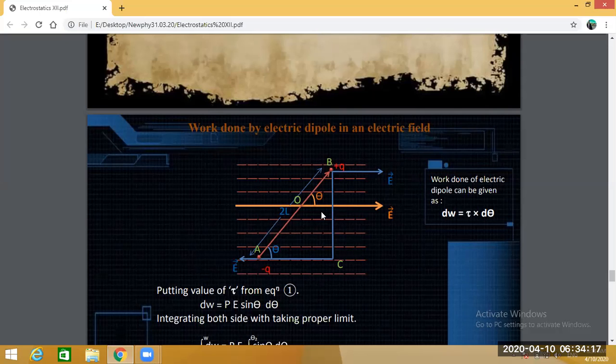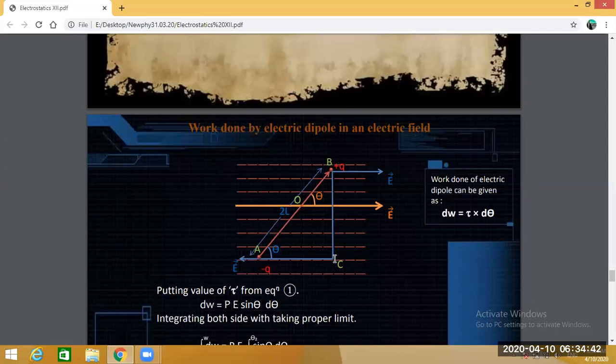It cannot stay on its own at this orientation if one does not hold it. It will automatically become parallel to the electric field, because it has a tendency to align with the direction of the field in order to achieve a stable orientation.